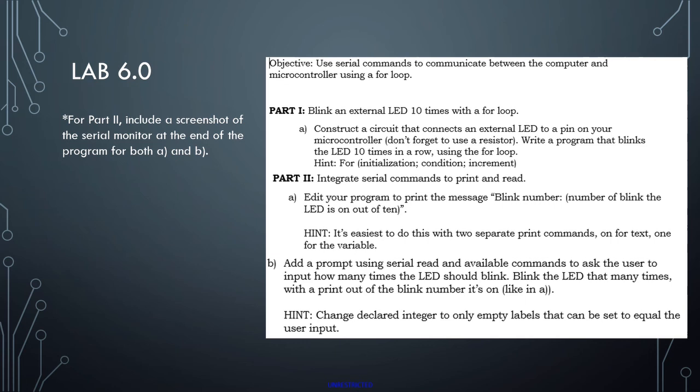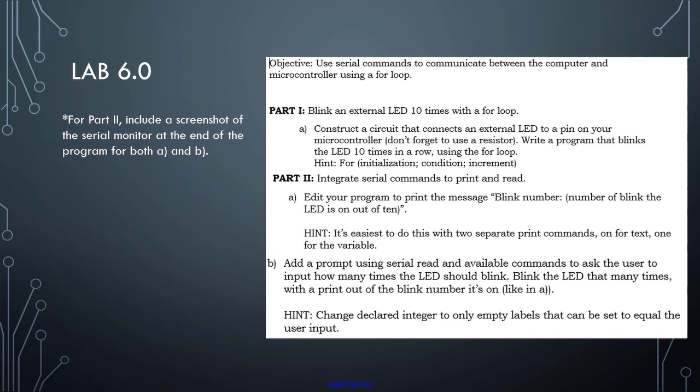And then I've also included a hint for you on this one to change the declared integer to only empty labels that can be set to equal the user input. So this is just a hint for when you're setting up your variables and you're working with your inputs. Keep this in mind.